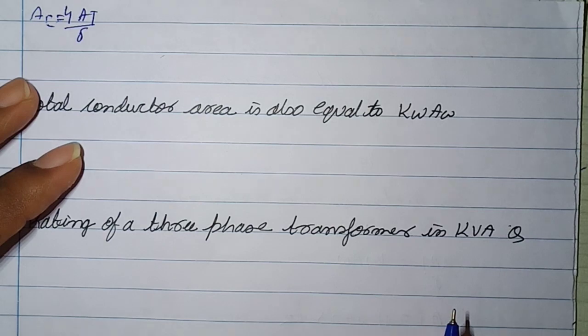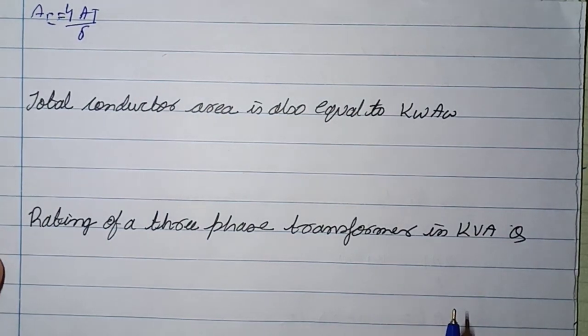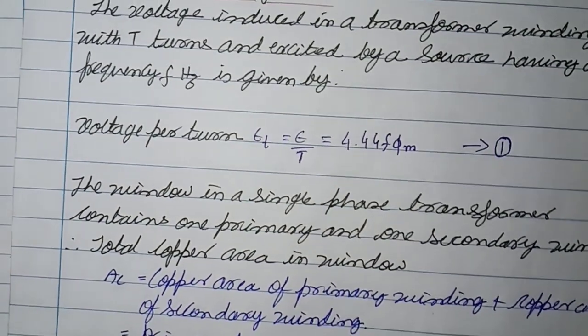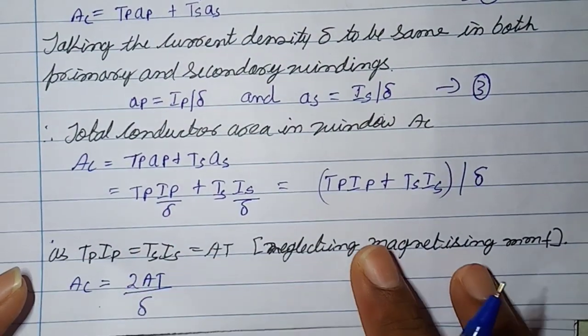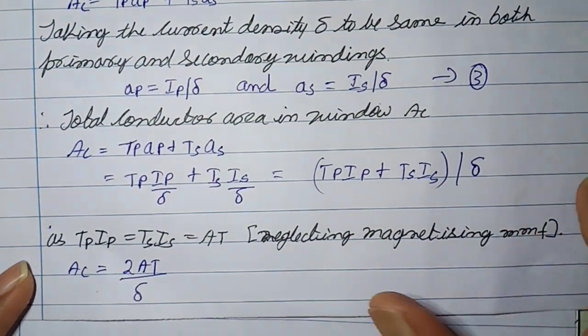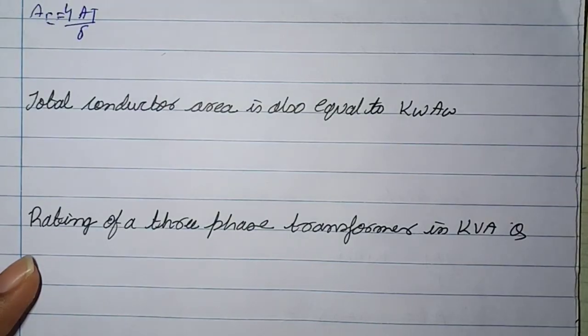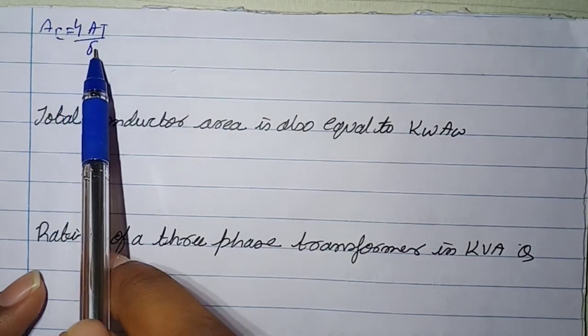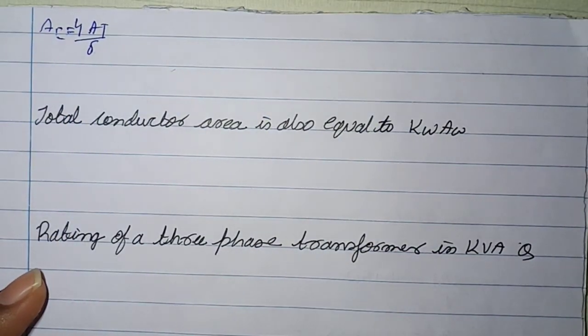Earlier, for single phase, we had got AC as 2AT by delta. Now for three phase we are getting it as 4AT by delta because of two windings.